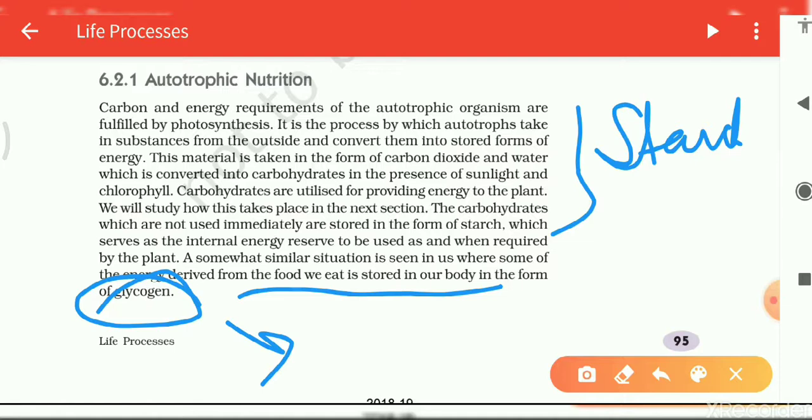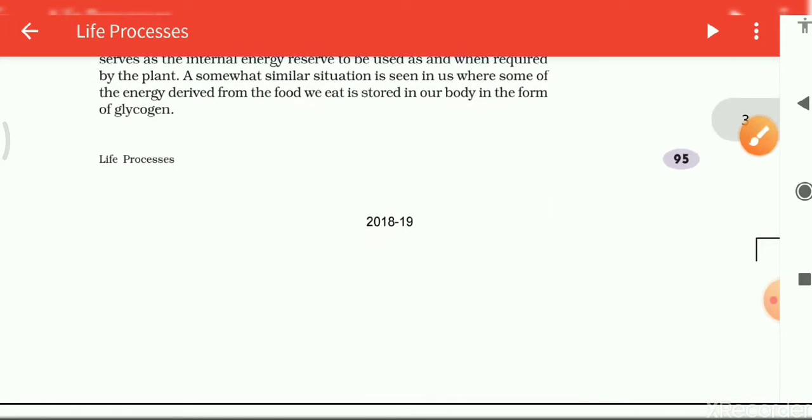And in the human body, glycogen is stored inside our body. This much only is given in this paragraph. Let's proceed to another one.